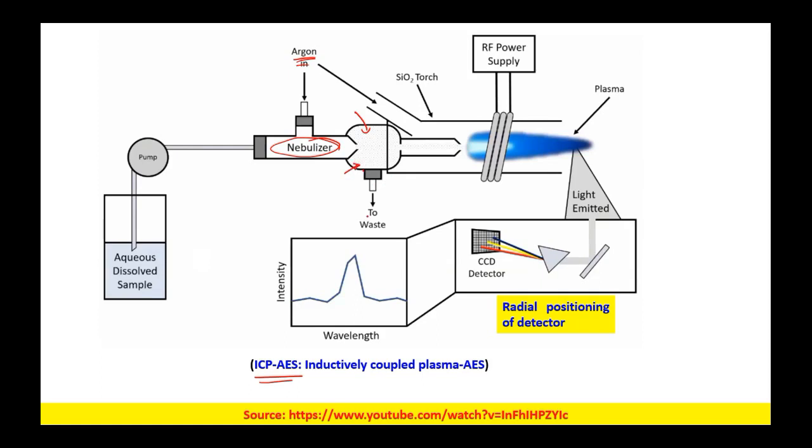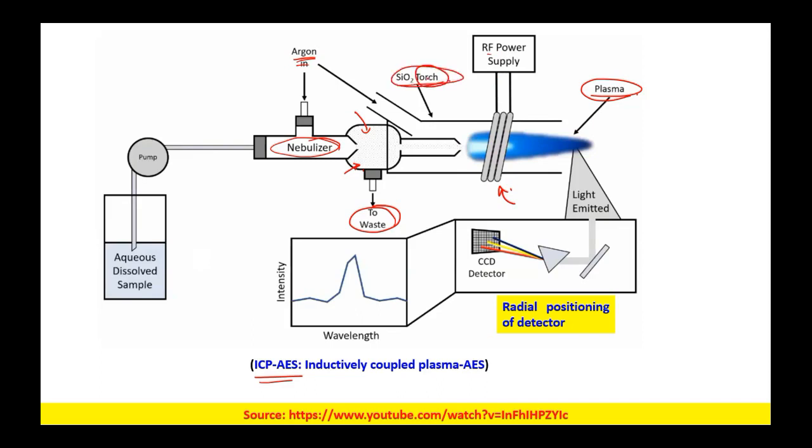The larger droplets are removed through this drain, and the fine mist gains entry into this chamber, where we generate plasma. How do we generate the plasma? We generate it using the RF power supply.